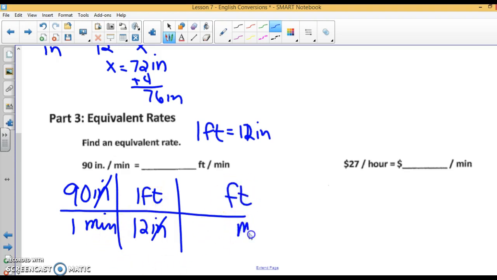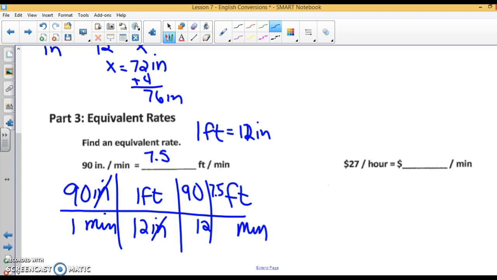Feet per minute, my unit. So, you multiply straight across. 90 times 1 is 90. 1 times 12 is 12. 90 divided by 12 is 7.5 feet per minute.